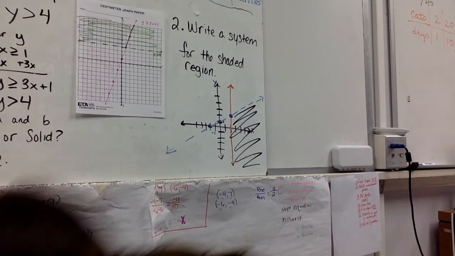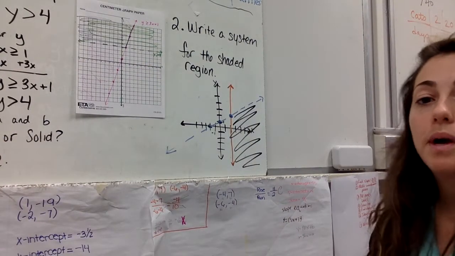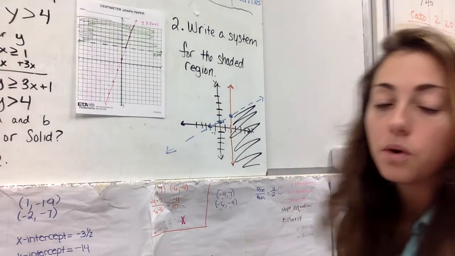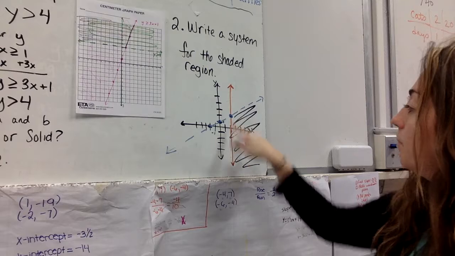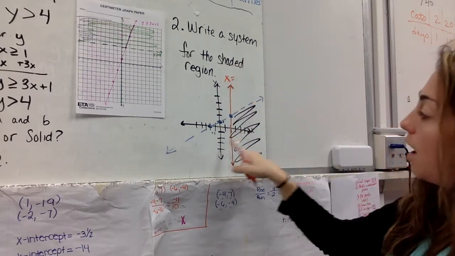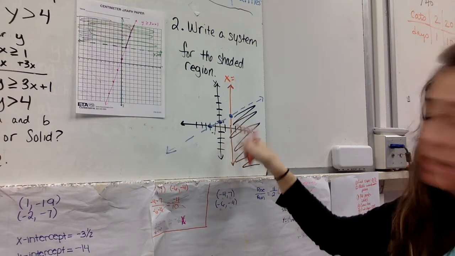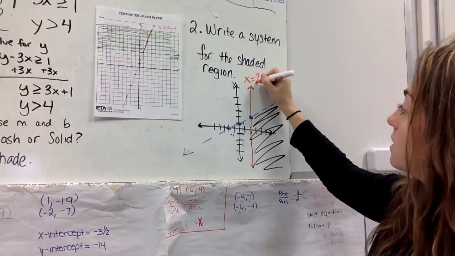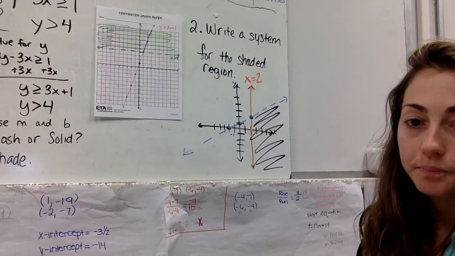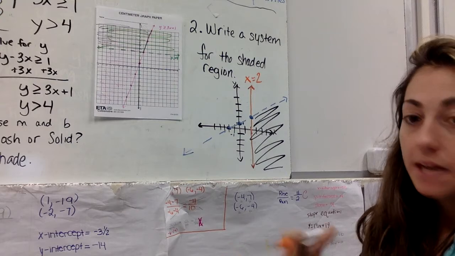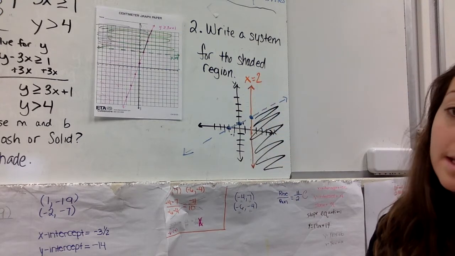So let's start with the orange line. So how do I write the equation for this orange line? Okay, so if you're worrying about just the line, it's a vertical line. It's an x equals line. What number? Well, it crosses at 2. So it's an x equals 2 line. But the shading part tells us it's not just equal to the line, it's something else.